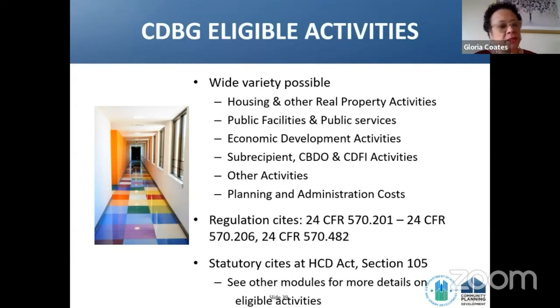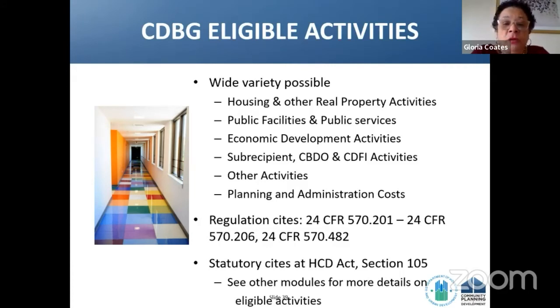CDBG eligible activities. As you can see, this presentation has a CDBG regular program and CDBG-CV theme to it, where you see what the normal requirements are and what the CV requirements are, because there are some differences because of waivers.